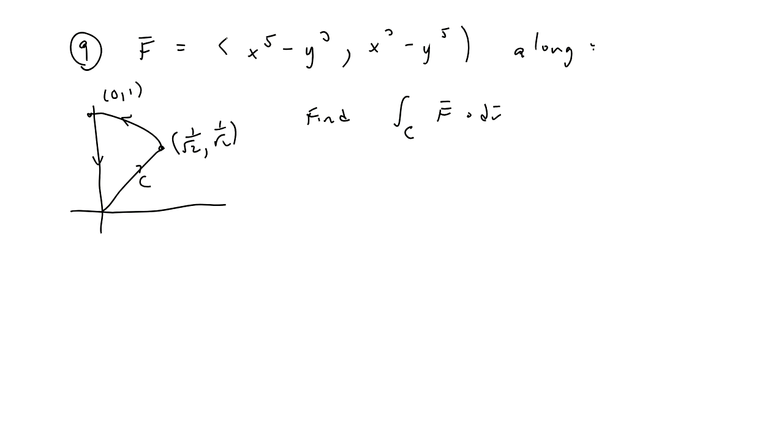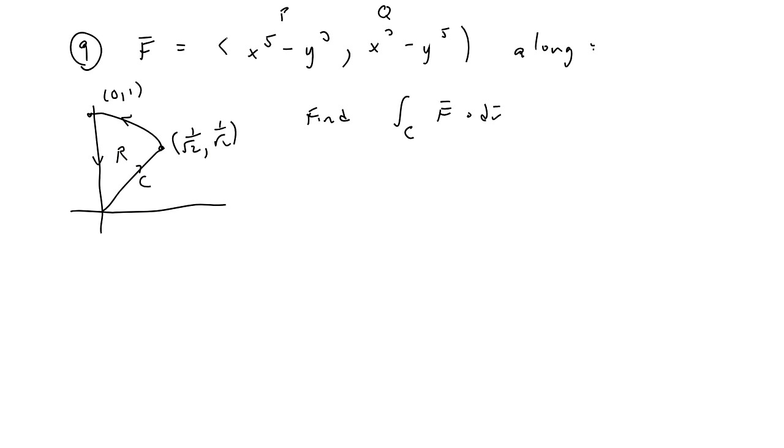So again, it's closed. So again, we want to at least quickly check, is this conservative? Nope, because the derivative of q with respect to x, I'll again label them, is 3x squared. The derivative of p with respect to y is minus 3y squared. That doesn't work. So it's not conservative, which means we don't want to do it that way.